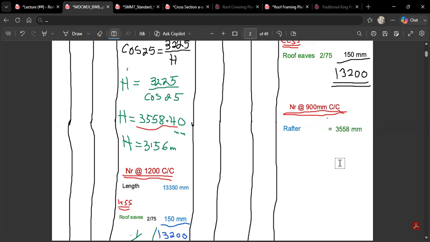We are just going to divide that by the 900 center to center. As simple as that. So take note that I also said that the rafter is equal to that number you are seeing over here. But in the calculation, we had 3558.40.